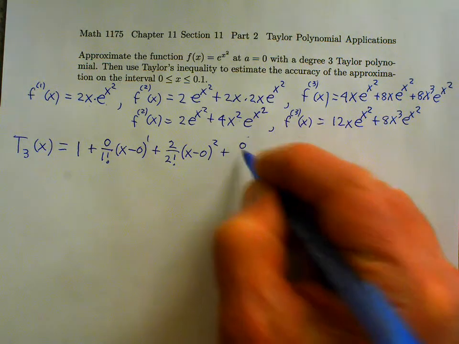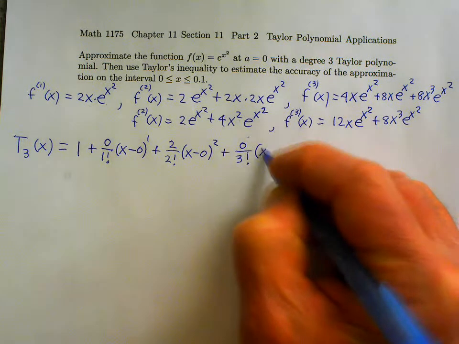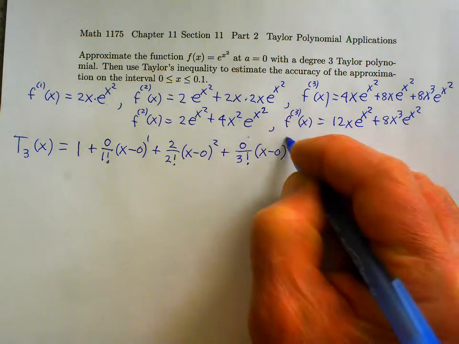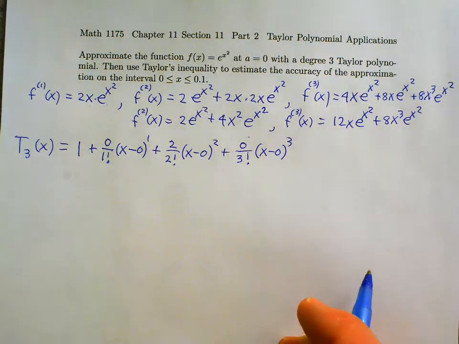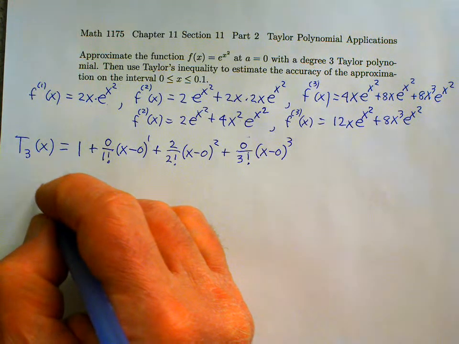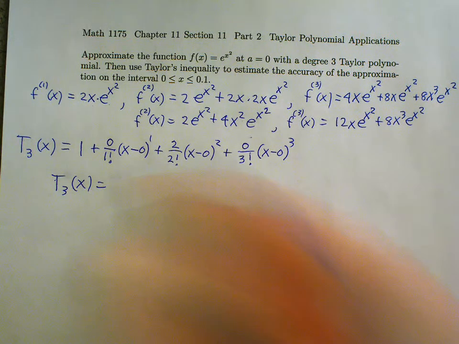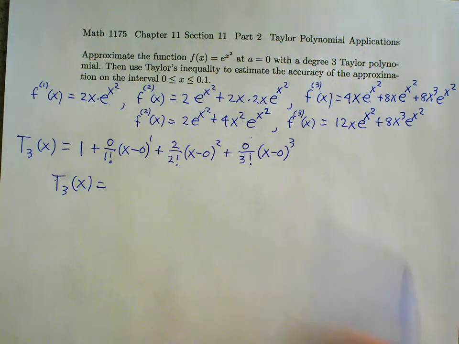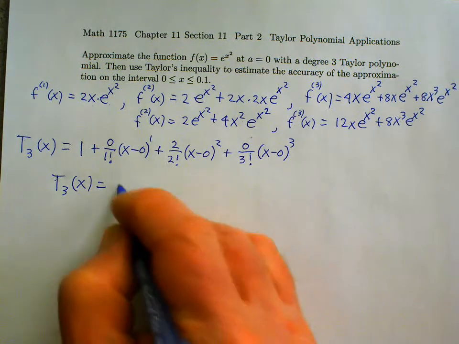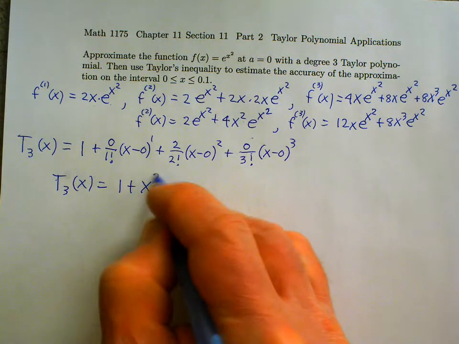So 0 over 3 factorial times x minus 0 to the third. So our degree 3 Taylor polynomial is just going to be 1 plus x squared.